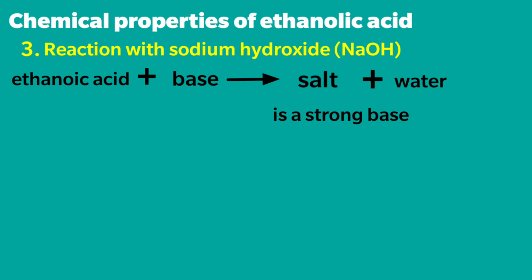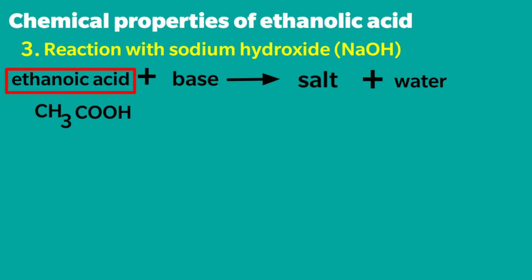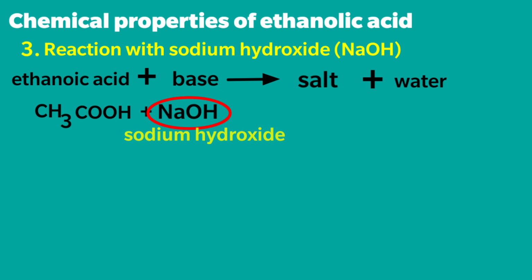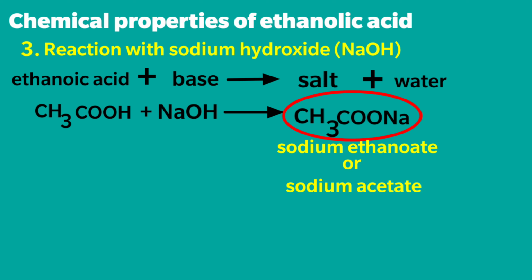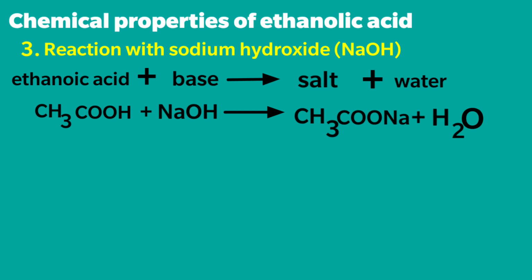We can write this equation: CH3COOH, this is ethanoic acid, plus NaOH, this is sodium hydroxide, gives CH3COONa, this is sodium ethanoate, or we can also write sodium acetate, this is salt, plus H2O. In this reaction, ethanoic acid reacts with sodium hydroxide to form a salt called sodium ethanoate and water.